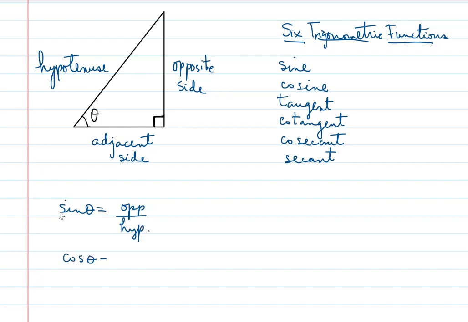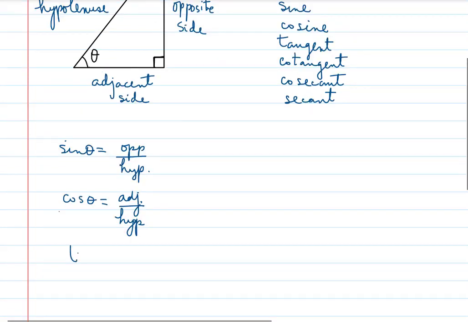Cosine is adjacent over hypotenuse. And then we have tangent of theta, which is opposite over adjacent.